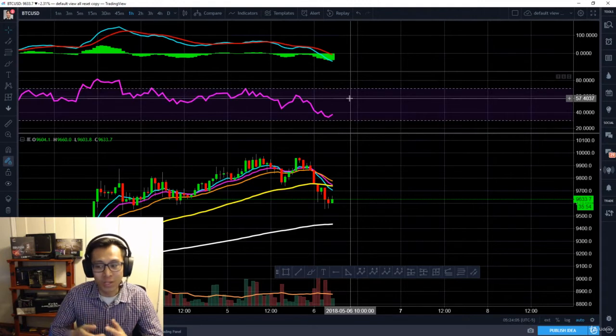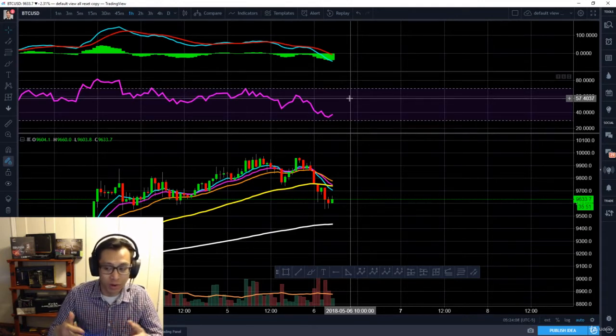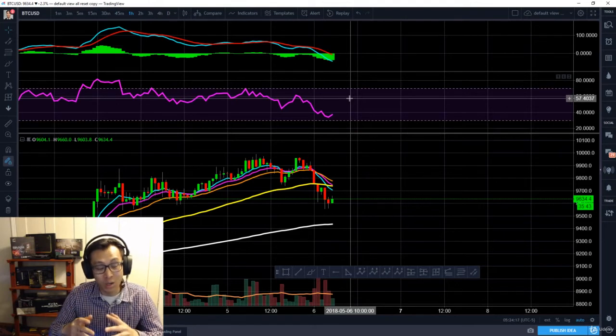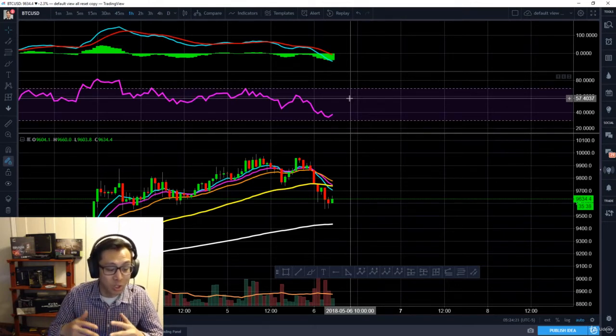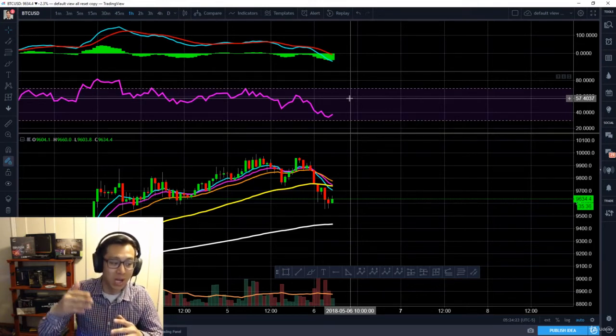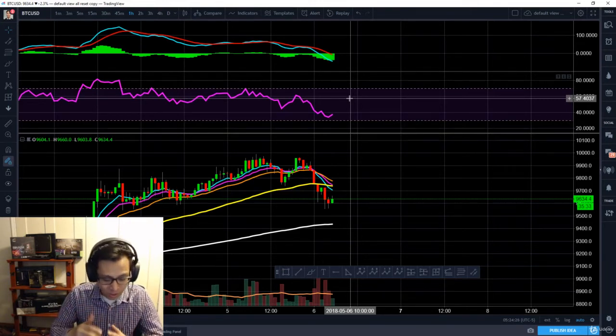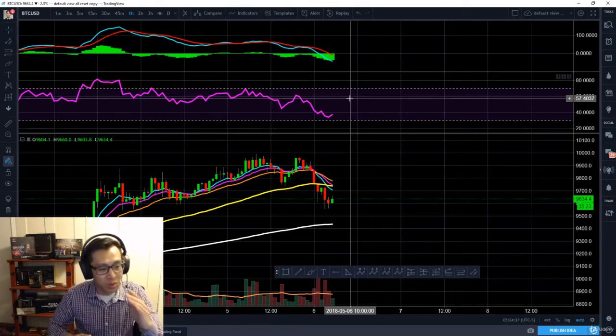Because these are mathematical calculations, it doesn't always mean that when it is overbought, over 70, it will reverse. And it doesn't always mean that when it's under 30, which means it's oversold, it's going to bounce upwards.